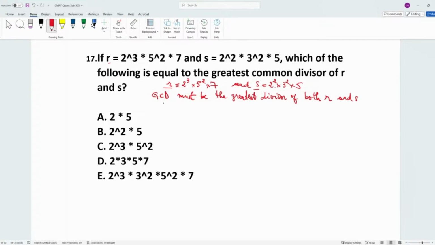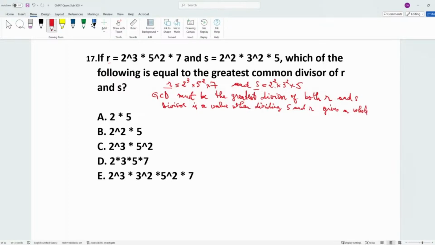And a divisor, okay, so if you want the basic definition of what a divisor is: any value that, when dividing S and R, gives a whole number.